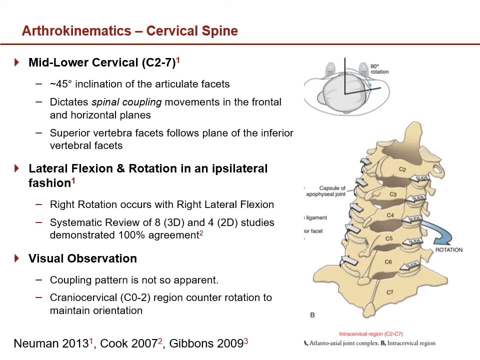Okay, still on rotation, when we look at the mid-cervical spine, we can see that there's approximately a 45-degree inclination of the articular facets. This dictates the spinal coupling movements in the frontal and horizontal planes, specifically with rotation and side bending. Superior vertebra facets follow the plane of the inferior vertebra facets. For clarity on this, an example would be C4 and C3.